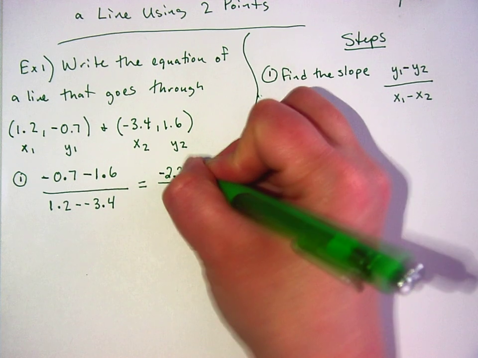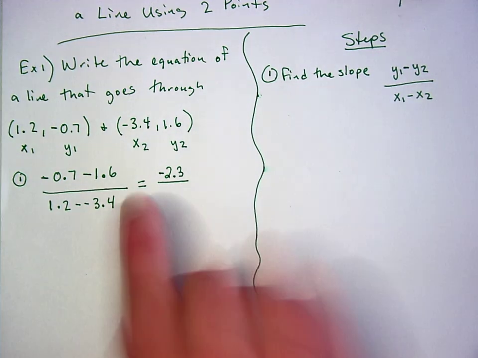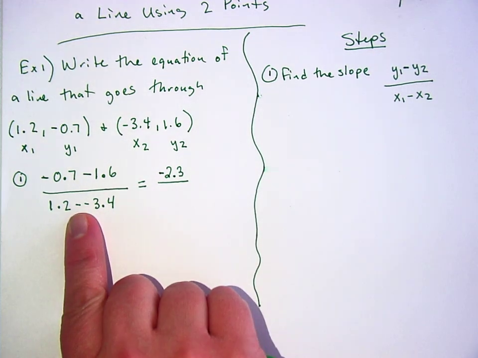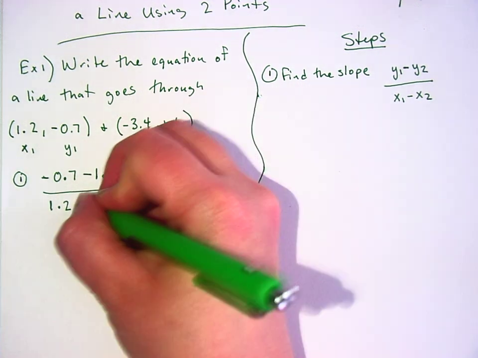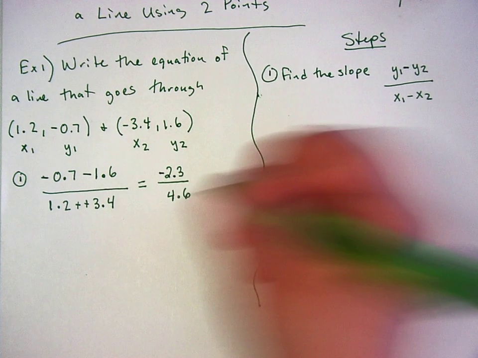Did you get negative 2.3 on top? Anybody get negative 2.3 on top? Yes. What do we do if there's two negatives between them? That would be 4.6 on the bottom.